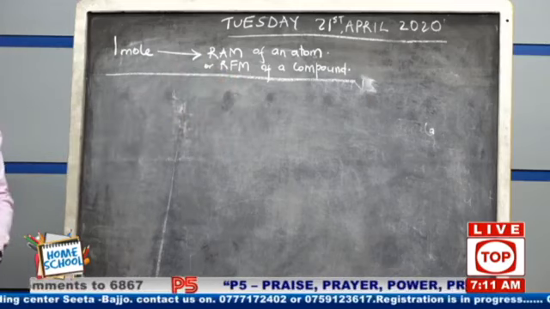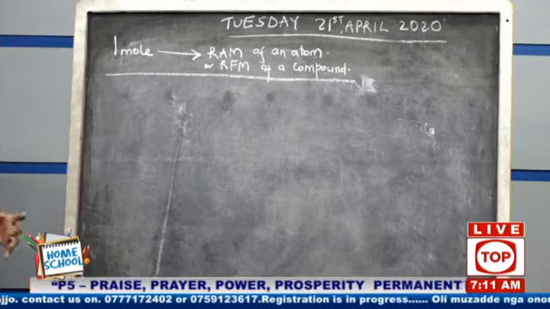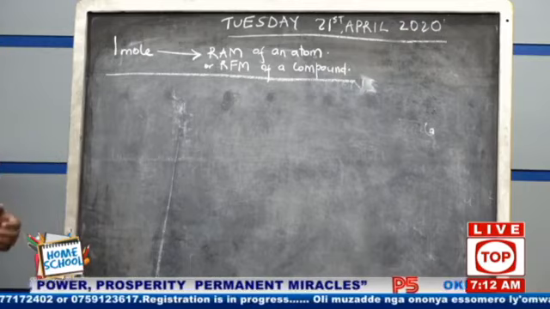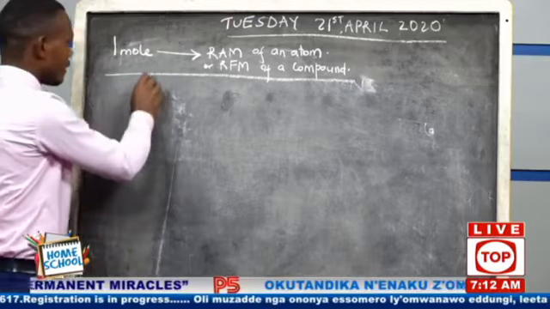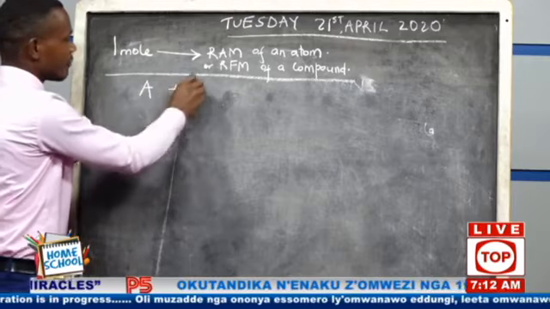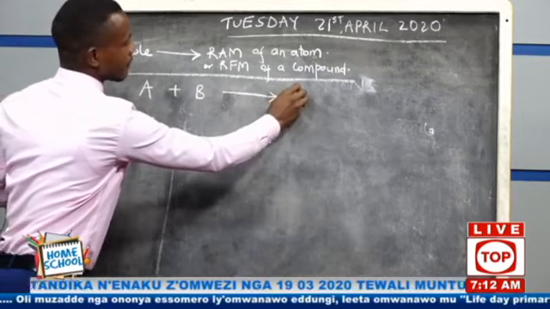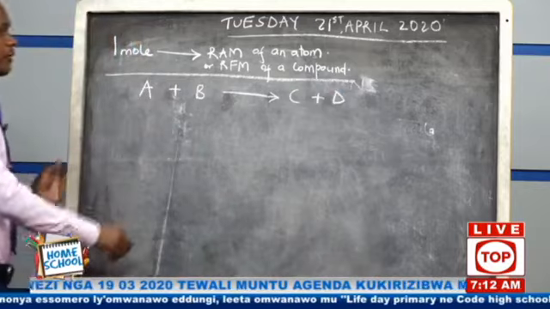So on our slide we are saying that moles and mole ratios can be used to calculate the amount of substances reacting and products being formed. Take an example. If A is reacting with B to produce C plus D, okay?